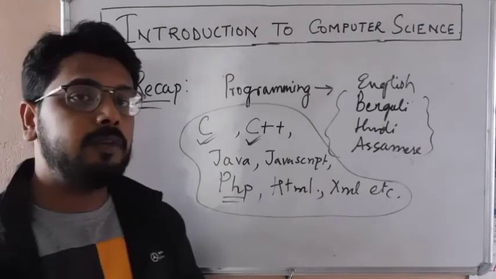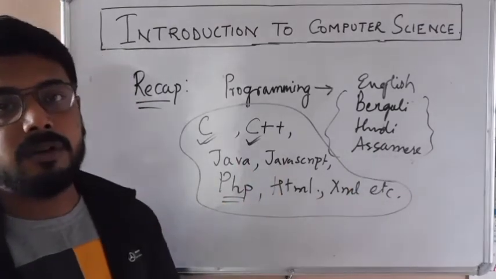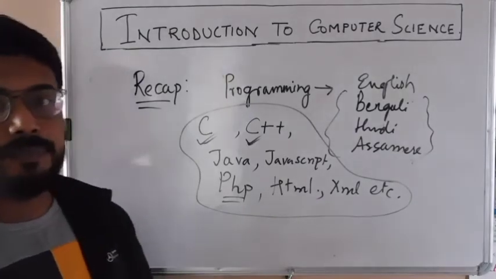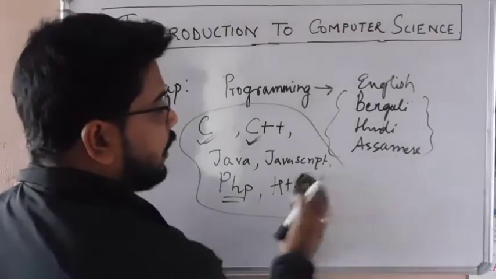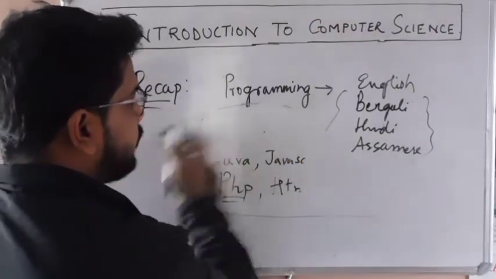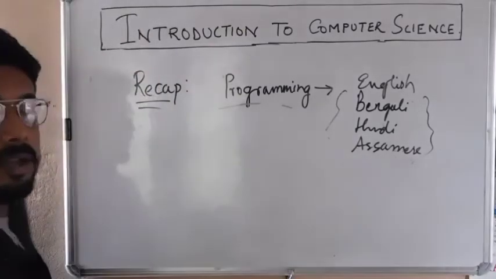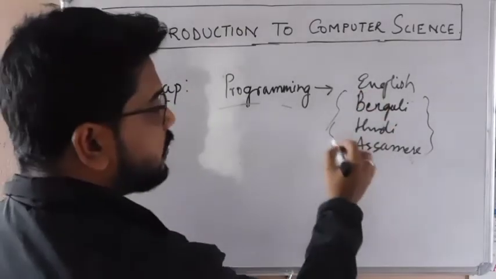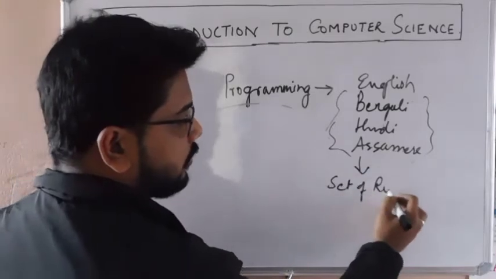See, once you have learned one language, it is very easy to learn different kinds of programming languages, because the syntax remains the same. Now what is syntax of a language? This is a very important thing that you should know. Every language that you learn is bound by a set of rules.